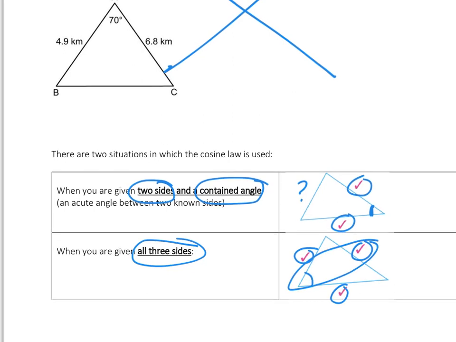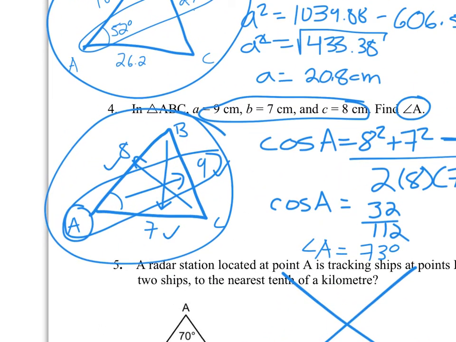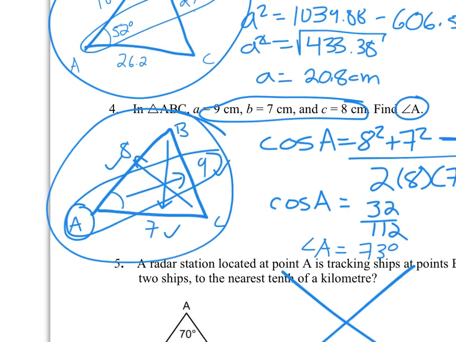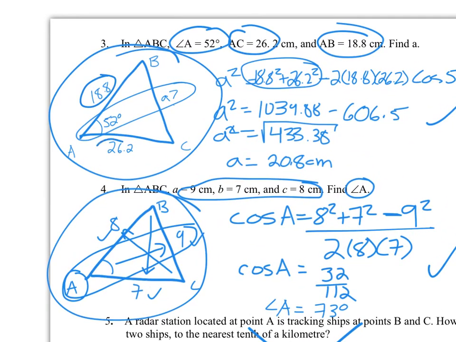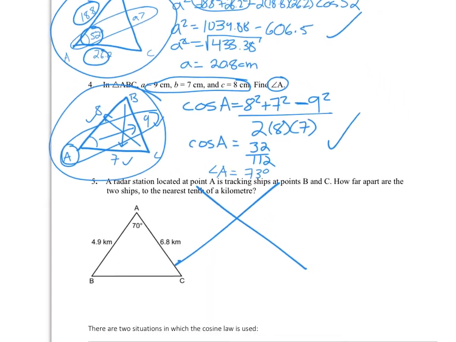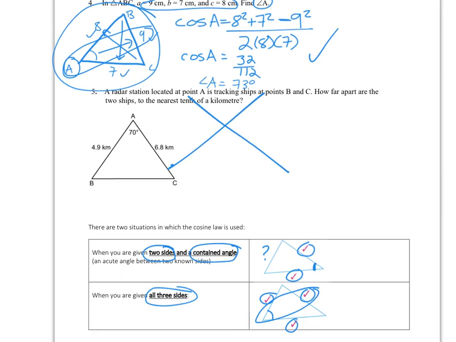So that's why this example above, we can see that we have 1, 2, 3, all three side lengths. Or we've got two side lengths and a contained angle. That's how we're going to solve. So that's the summary that's given to you at the bottom here. And that's all we need to know for cosine law.